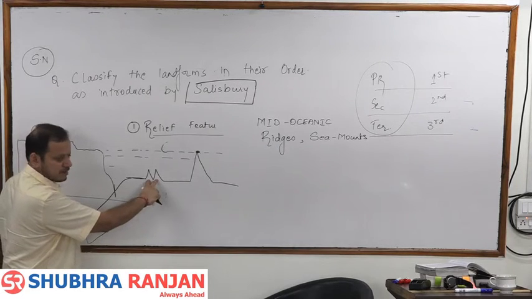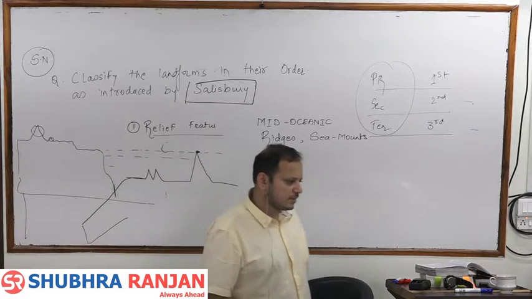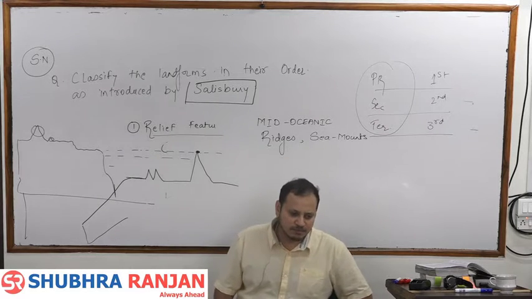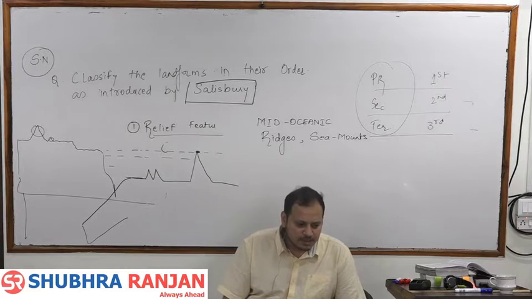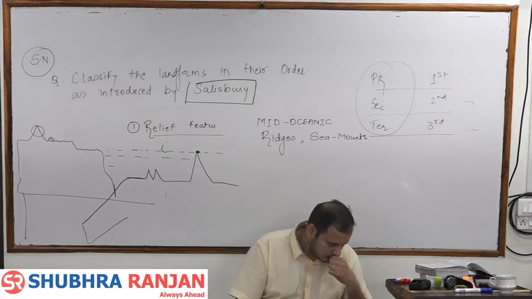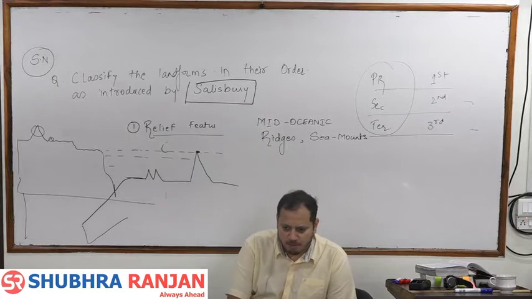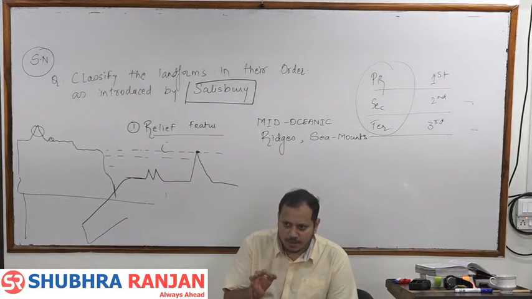So mid-oceanic ridges, sea mounts, are present on the ocean basins. Right?